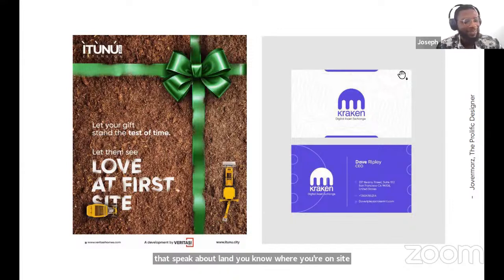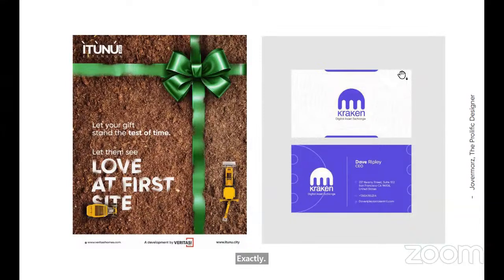Half of the site is almost being mowed out by this caterpillar or whatever we have here. And then the ribbon is green, which signifies lands, green plants and all that, because that's exactly what's going on here.